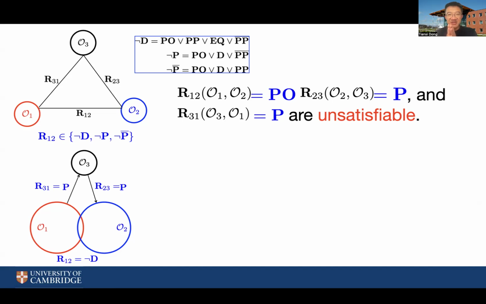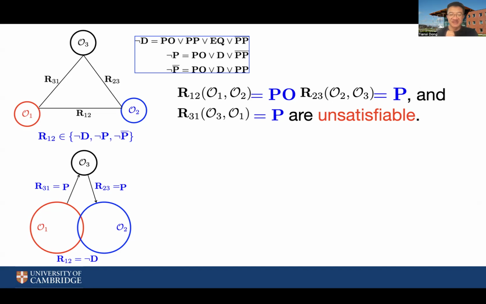This unsatisfiability means the two premises between O1, O3 and O2, O3 will deduce a valid conclusion between O1 and O2.